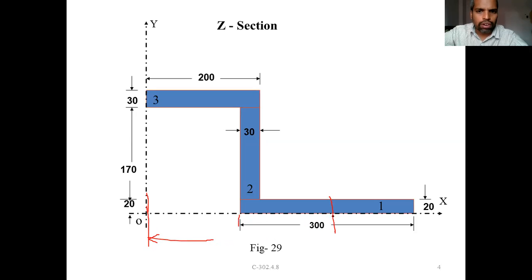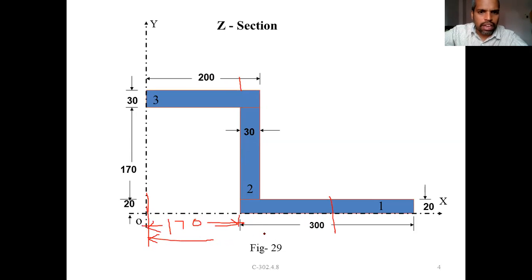But from here to here, we have to calculate from here. It is 150 plus 200 minus 30, which means 170. This length is 170.